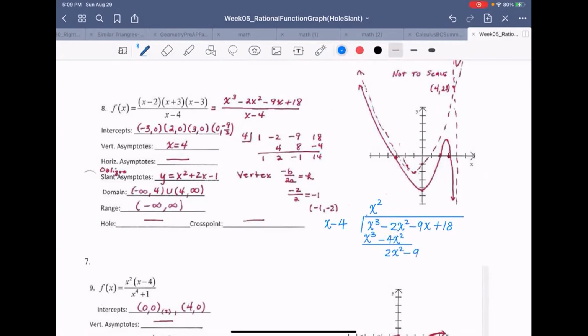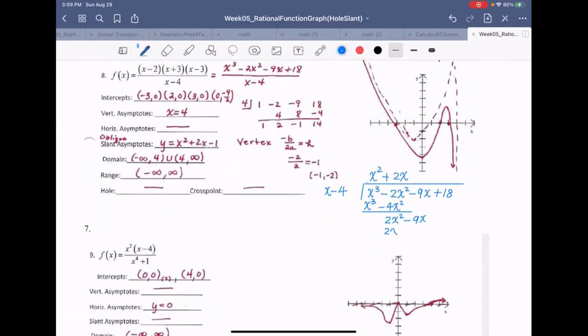And then minus 9x. Then you do x times 2x, making 2x squared minus 8x. And then this is negative x plus 18. And then you have minus 1. This is minus x, and then plus 4. This gives you a positive 14.